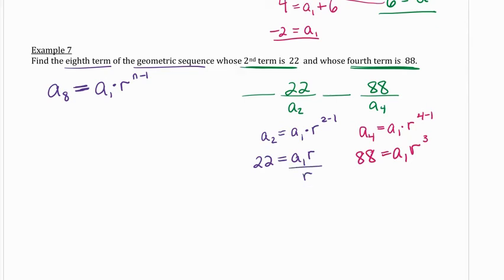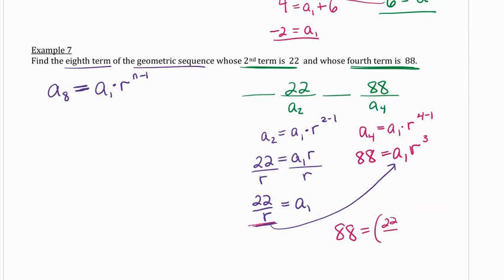So I'm going to divide by r and divide by r. So that would give us the first term equals 22 over r. So now I'm going to take that and plug it into this equation for a sub 1. So we take 88, and let's give myself some more room here. 88 would equal, but for a1, I'm going to substitute in that 22 over r, and then multiply that by r cubed.